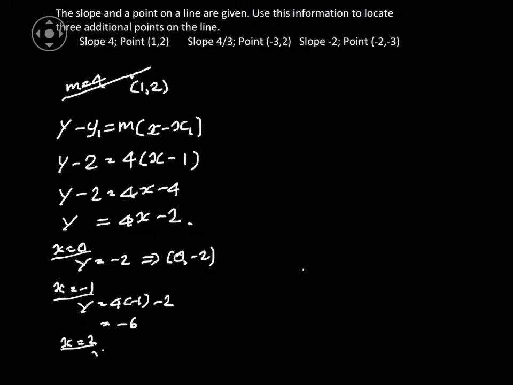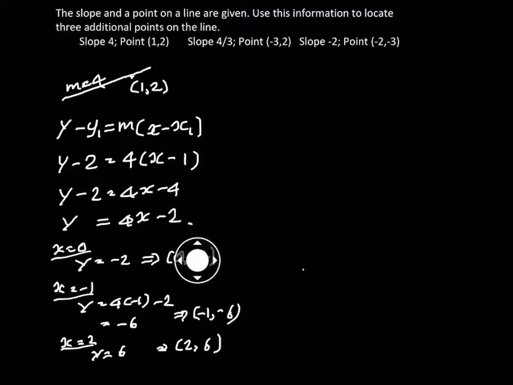So y equals 6. Here the point is (negative 1, negative 6) and here the point is (2, 6). So these are the 3 points on this line.